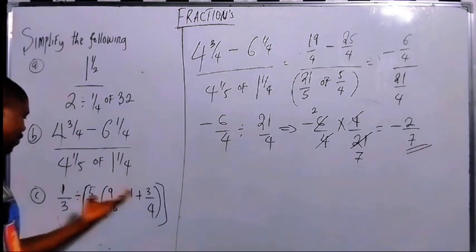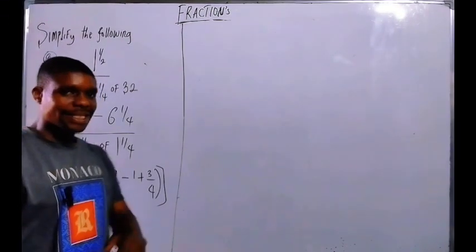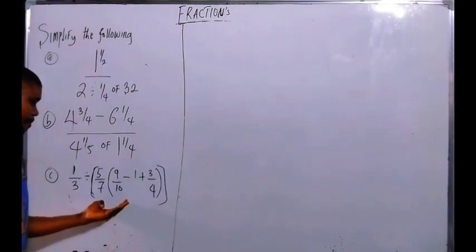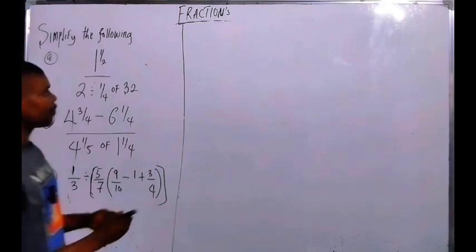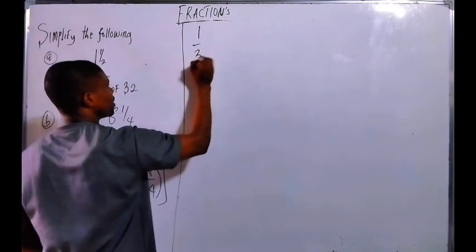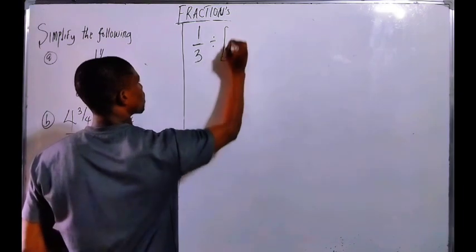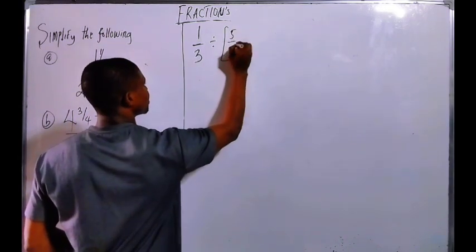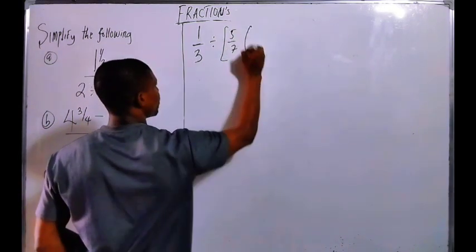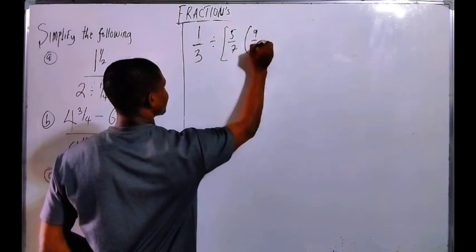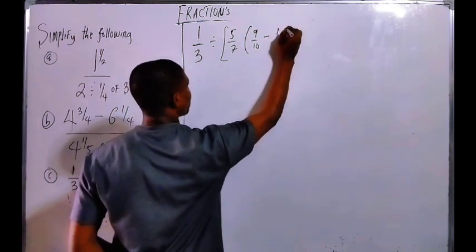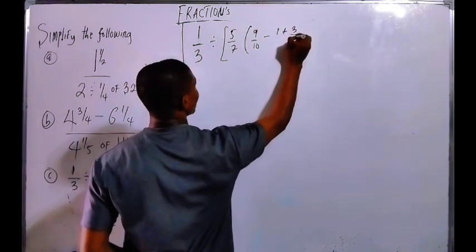So now let's evaluate this third one here, right? So here we have 1 over 3 divided by 5 over 7. Then we have 9 over 10 minus 1 plus 3 over 4.